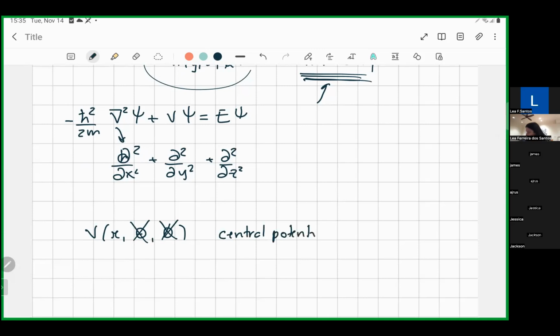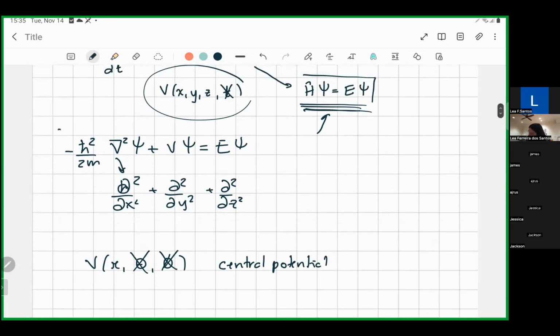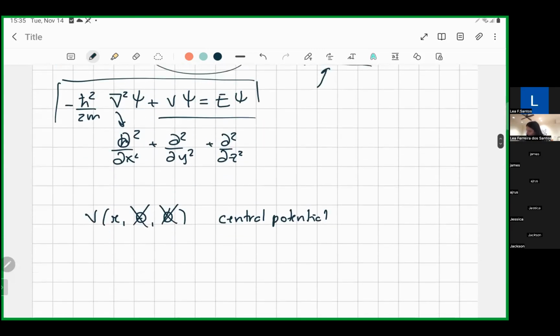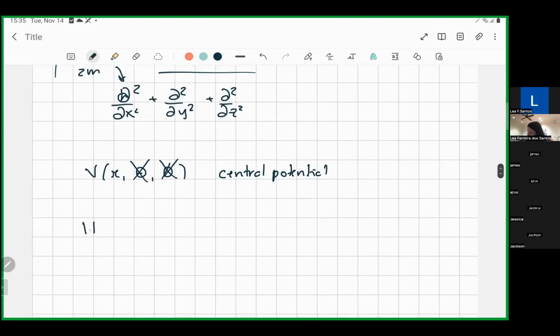Again, we have an advantage, and we can split the time-independent Schrödinger's equation into 2 pieces. One will give us the function that only depends on the distance r, and the other will give us the solution that depends on theta and phi.